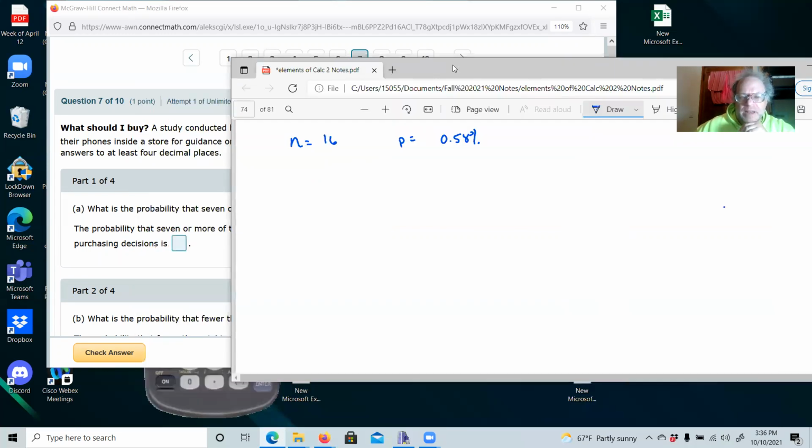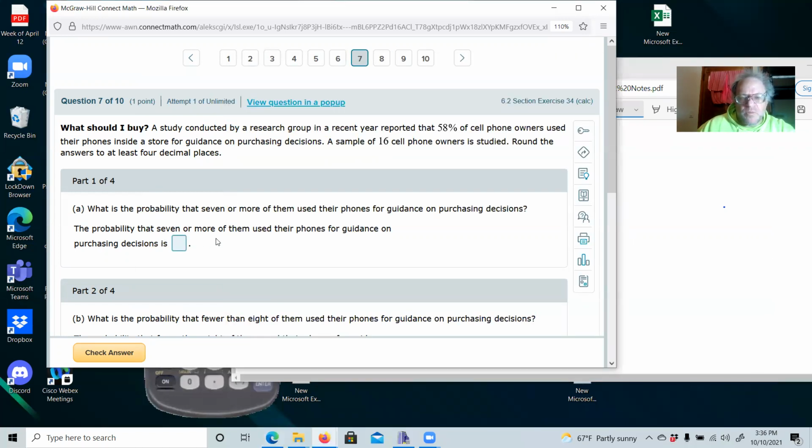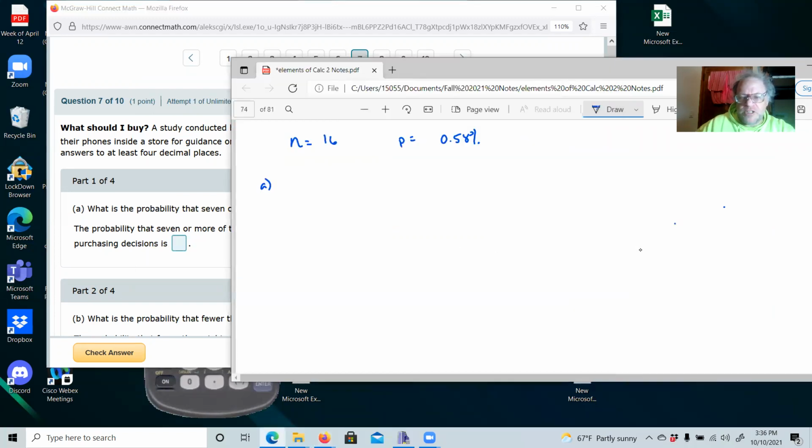So for part A, what is the probability that 7 or more use their cell phones? So we want 7, 8, 9, 10, up to 15, 16. Which ones don't we have? We don't have 0, 1, 2, 3, 4, 5, 6.